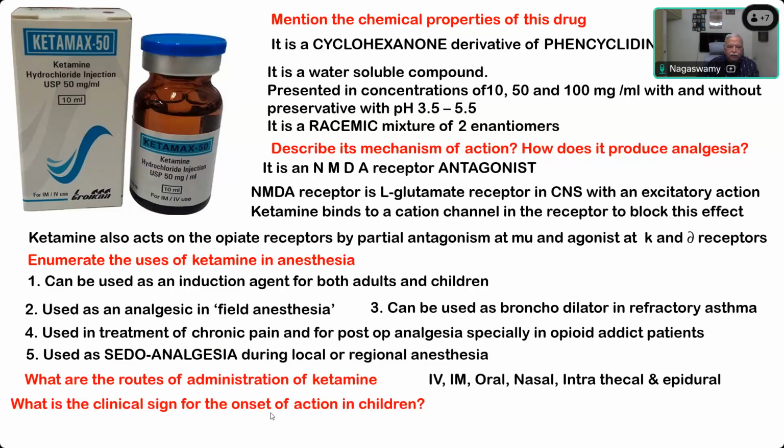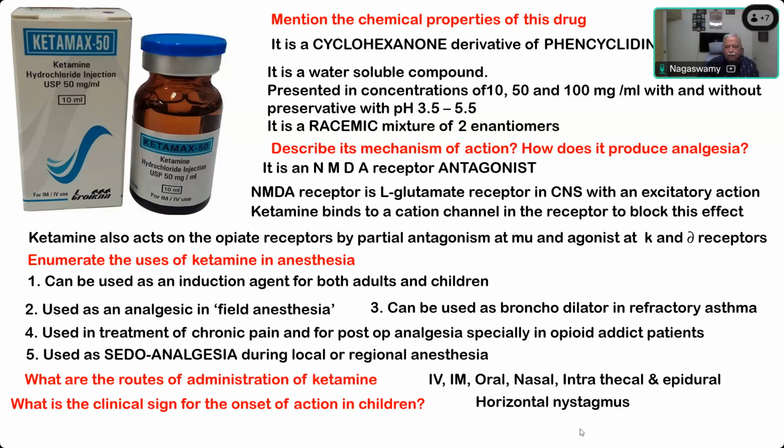What is the clinical sign of onset of action in children? Suppose you give ketamine to a child IM. How do you know the drug has started acting? Horizontal nystagmus will be there.